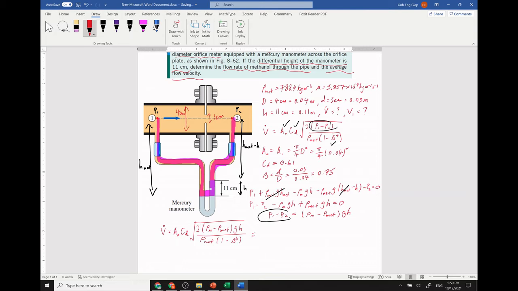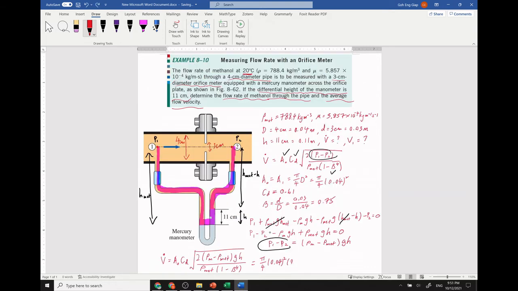So we can write A as pi over 4 times 0.04 squared. CD we assume at 0.61.